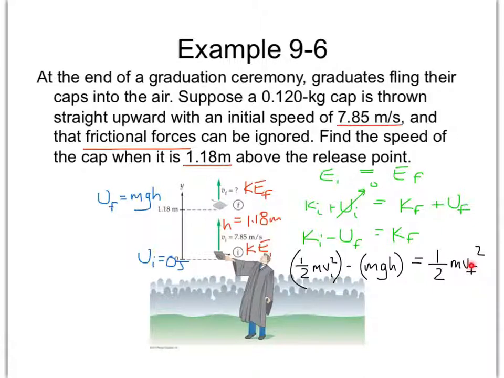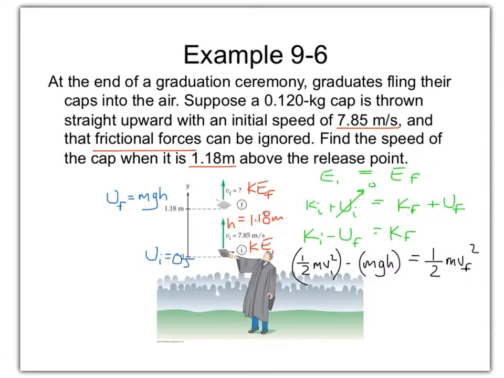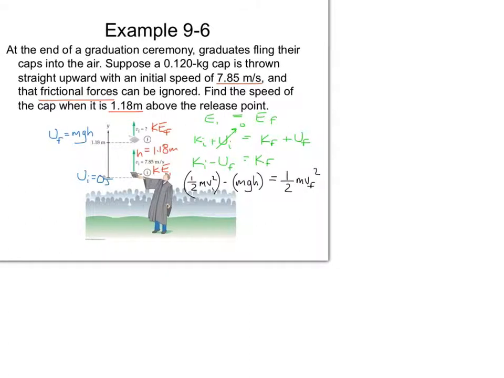What I'm going to do is multiply up the 2 in the denominator and divide by the m right here. I'm going to make a little bit more room right here. So our working equation is going to look like this. V final squared equals, I'm going to multiply up the 2 and divide by the m.